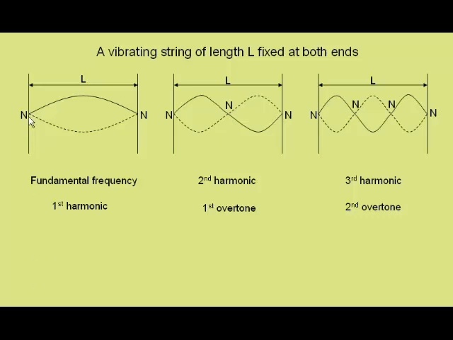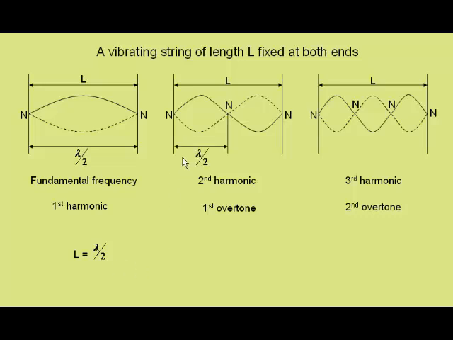The distance from one node to the next is half a wavelength, as is shown here, with wavelength as usual being represented by the letter lambda. So here L is equal to lambda over 2, or the length is half the wavelength.